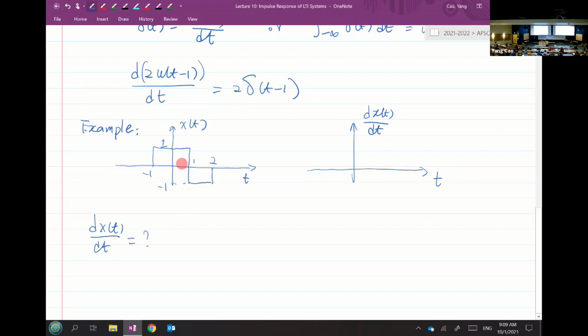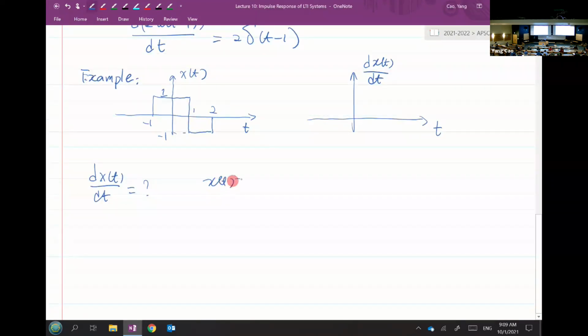In this case, whenever you see a piecewise function, especially boxes like this, what jumps to your mind is that I must be able to express this x of t using unit step functions, because they are all flat and they are boxes.